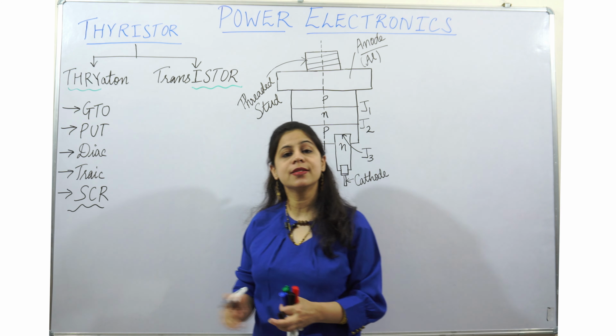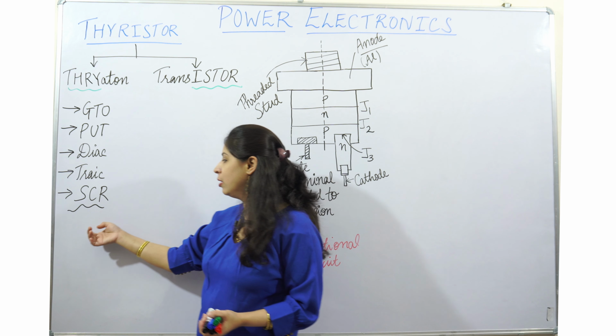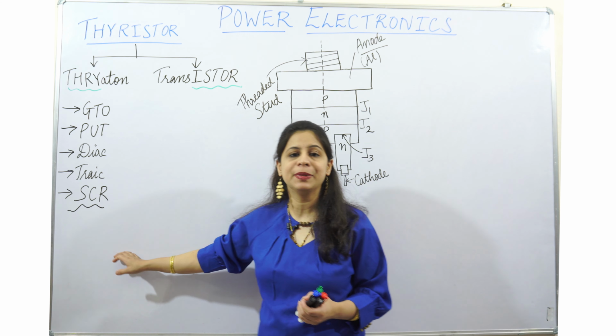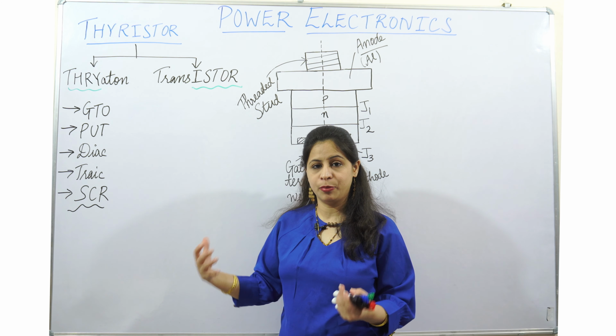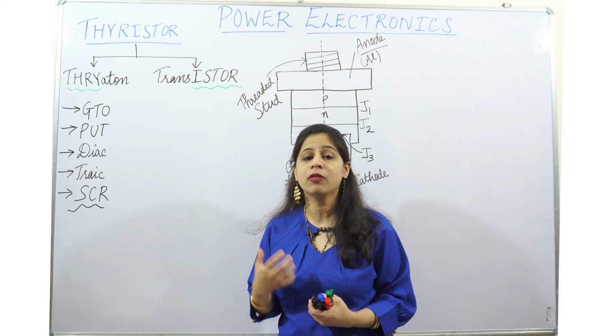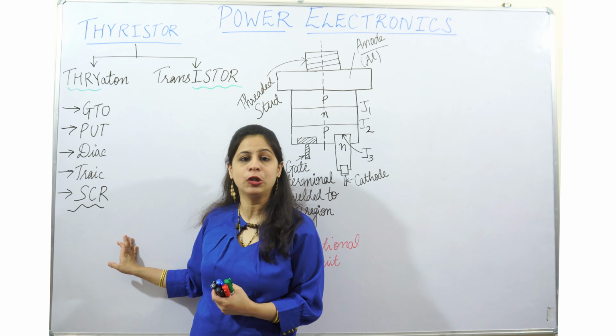Okay, so SCR is the oldest member of the thyristor, and it is very familiar and very much in use till today also. All the companies, all the branches where power control, switching control is required, SCR is very familiar and very much in demand today.